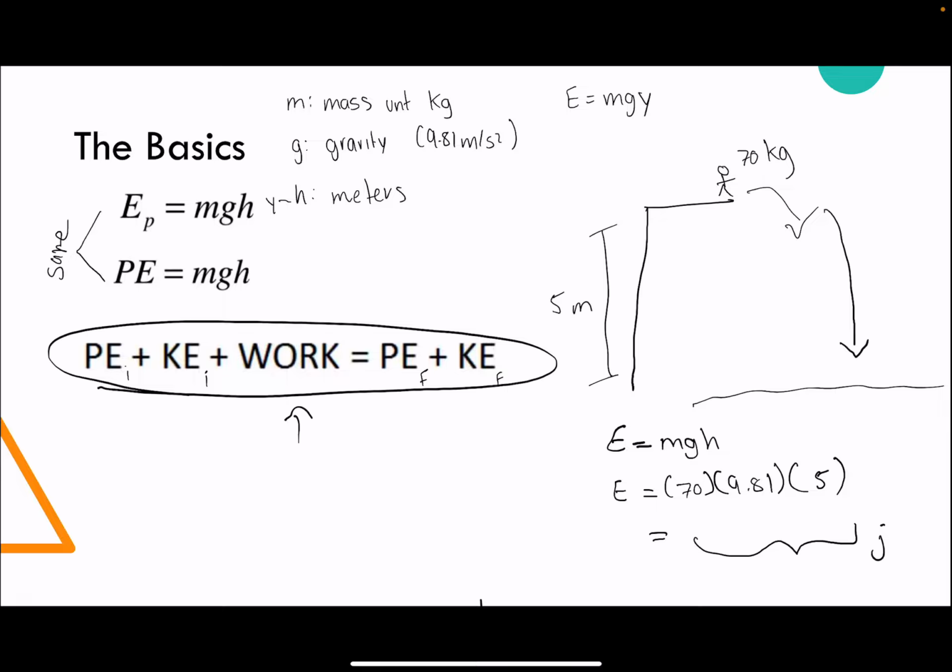start going down, but the kinetic energy is going to start going up, because we know that the kinetic energy equals 1/2 mv squared. And as we're falling, we are acquiring some velocity, and the mass is the same. So as we acquire velocity, our kinetic energy goes up in this system.